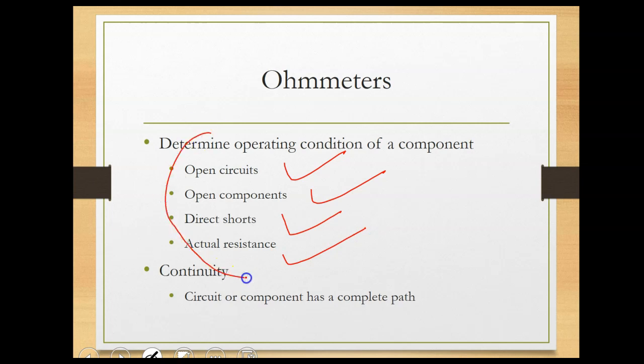Those functions are very important to know if something is functioning or not, because if you have a light bulb and you set your multimeter on resistance and put the leads on the light bulb and you see nothing, that means the light bulb is gone. So it's a good way to check for continuity in the circuit and check if the load is running or not.